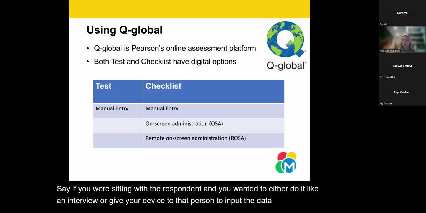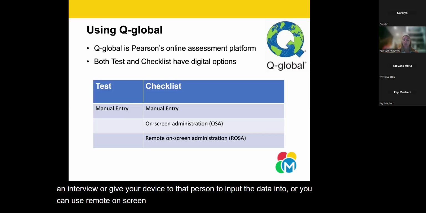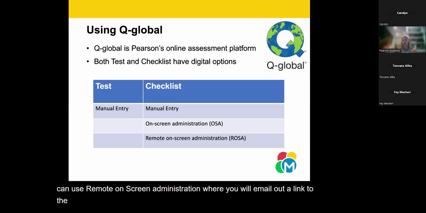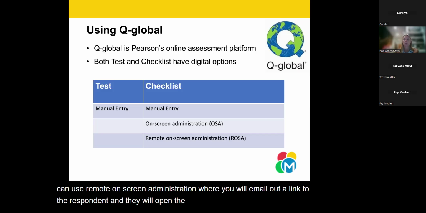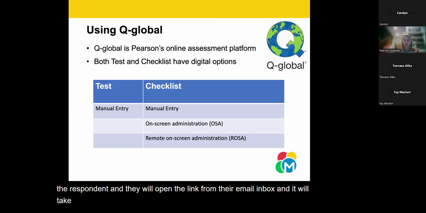Or you can use remote on-screen administration, where you will email out a link to the respondent and they will open the link from their email inbox, and it will take them to a separate window where they can input their responses, and you will receive notification when they've finished, and then you'll be able to go in and generate the report.